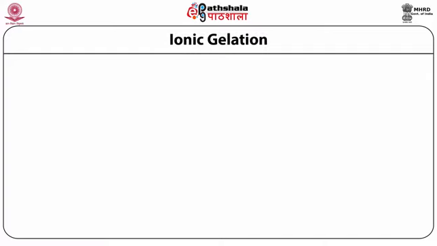Students, let us see another method for the preparation of nanoparticles, that is ionic gelation. This is the last method under the section of top-down approach for preparation of nanoparticles.